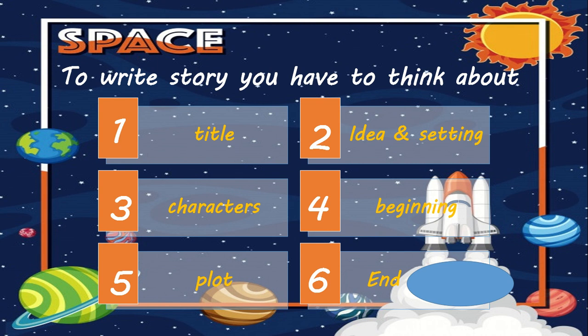And then number 4, you are going to think of the beginning of the story. How can I begin or start my story? Also, you have to think of the plot. What will happen? What is the problem that will happen inside the story? And then at the end, you have to end your story.